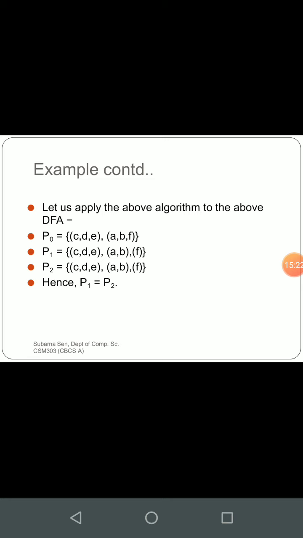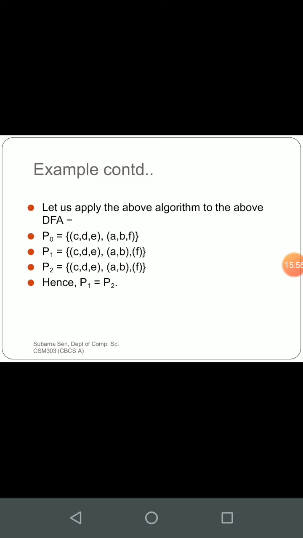How to do it? In the first case, I have just written where it is possible. I am just telling you the method, and you can check for all. Now let us focus on A, B, F. If you consult the transition table, you can see that if we put 0 on A, it will move to B. If we put 0 on B, it will move to A. That means for input 0, both A and B move to a non-final state.